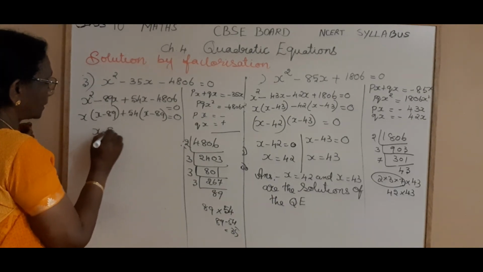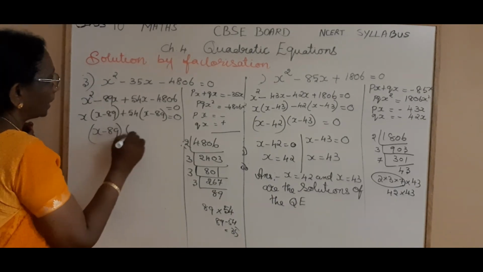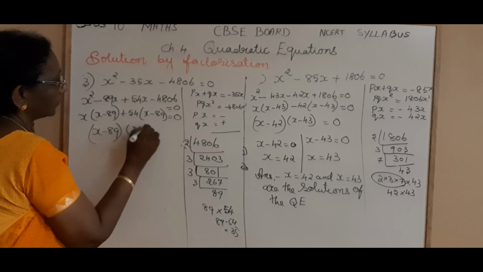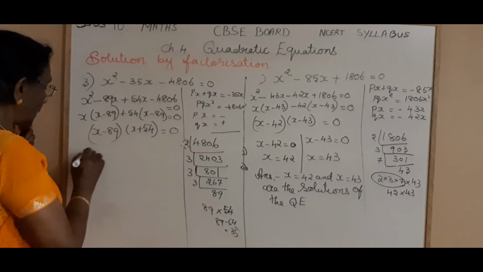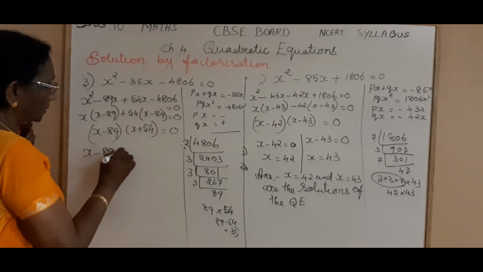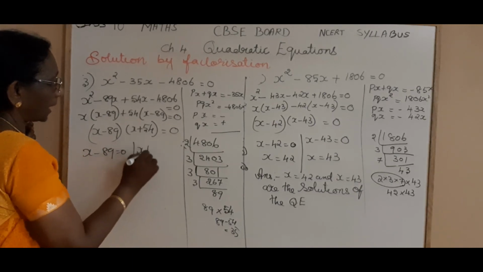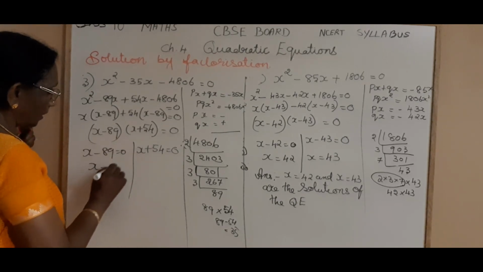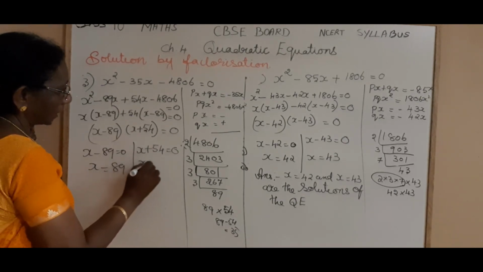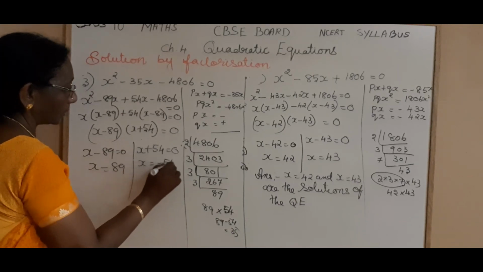So x minus 89 into x plus 54 equal to 0. So x minus 89 equal to 0 or x plus 54 equal to 0. So x is equal to 89 and x is equal to minus 54.